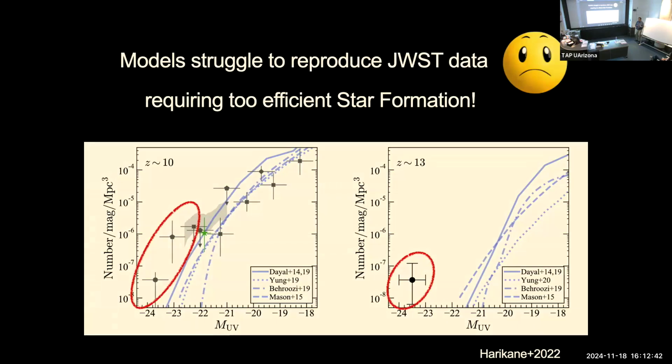It's not only this. It's interesting because I mentioned this briefly. The 21 centimeter global signal, when it was discovered by the EDGES experiment, they found the same debate, and they found also the trough for the signal is too deep, and therefore you also require too efficient star formation. So the too efficient star formation you also need for 21 centimeter and radio side. If you look at the black hole masses in comparison with the observation, the black hole masses are also a lot bigger than what we expect.